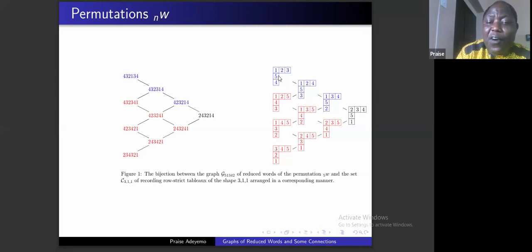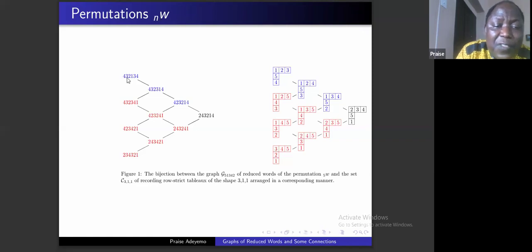This will be the recording tableau. Let's try to see why. How do I know that I can map this one to this one? The reason is that we look at the descents and the ascents here, and we see that this is what we have.